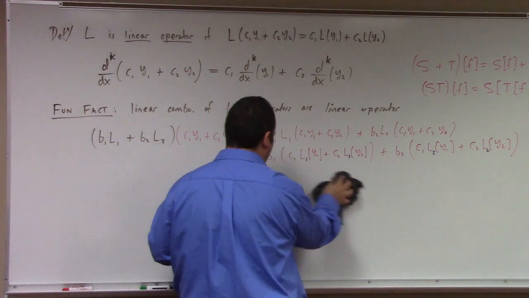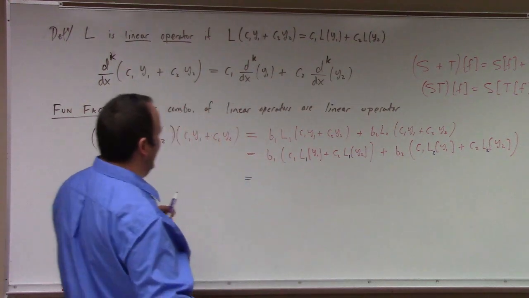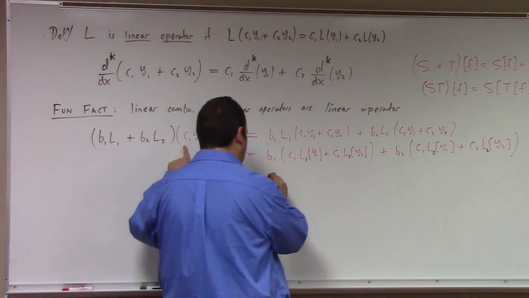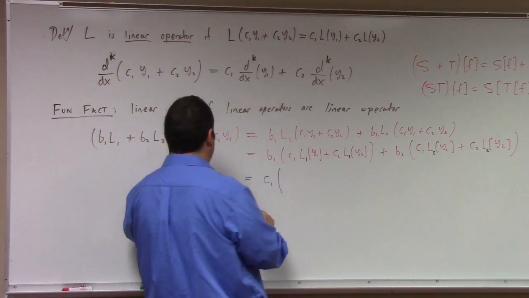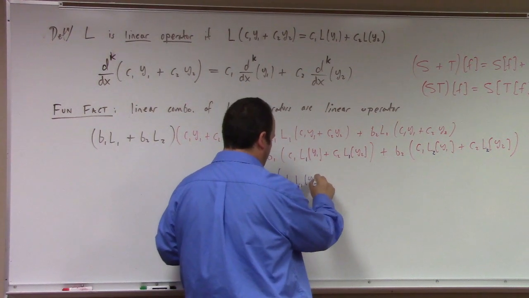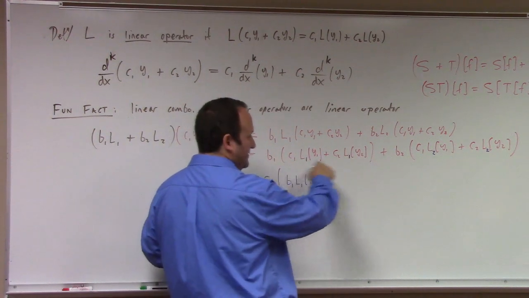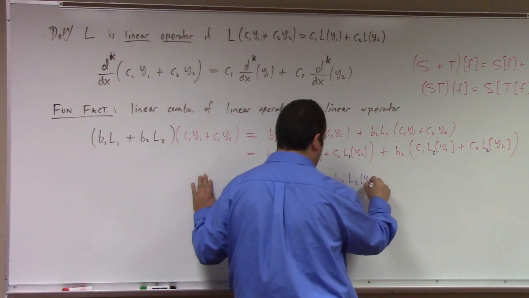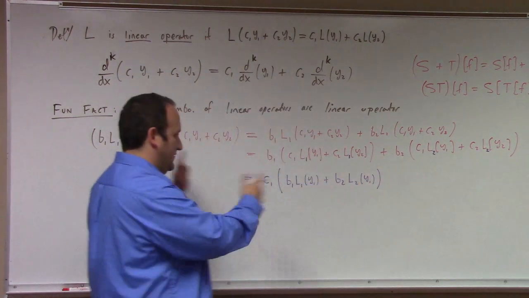Sorry guys, I've got a lot of options here. I've got to think about what I want to get to. Let's factor out a C1. We've got C1 times what? C1 times B1 L1 of Y1, right? Where else is a C1? Over here, right? Plus B2 L2 of Y1. That's everything with the C1.